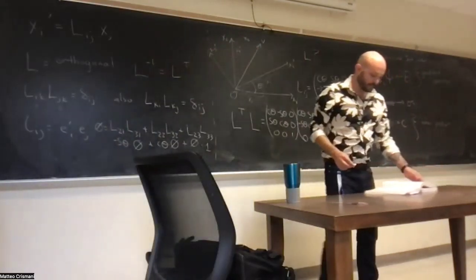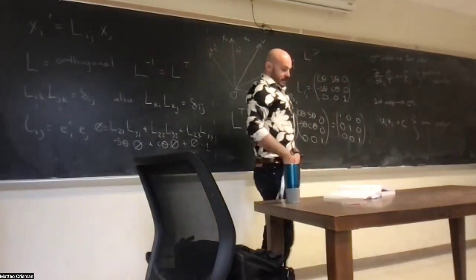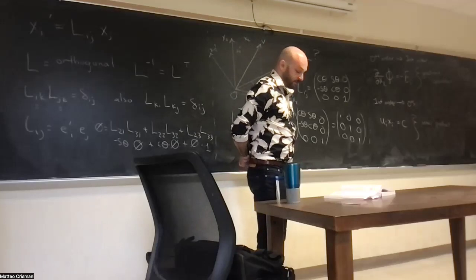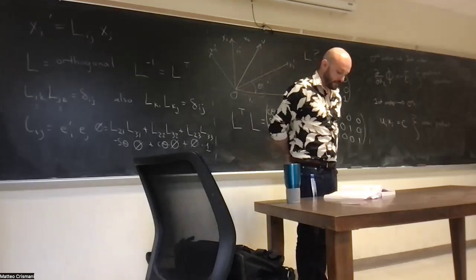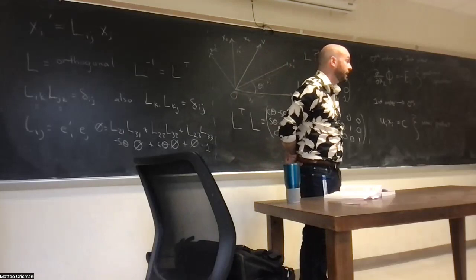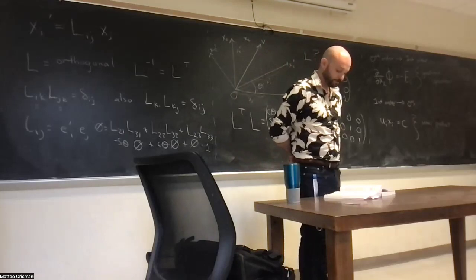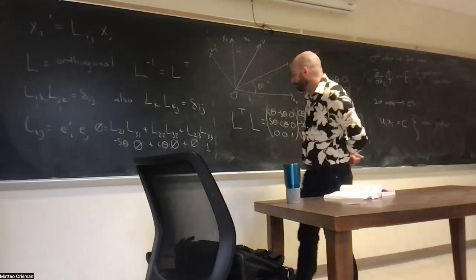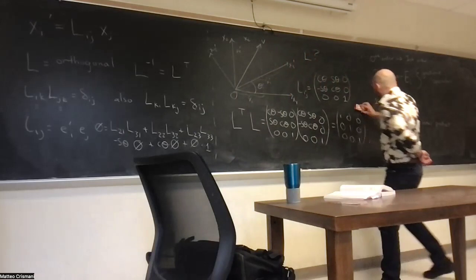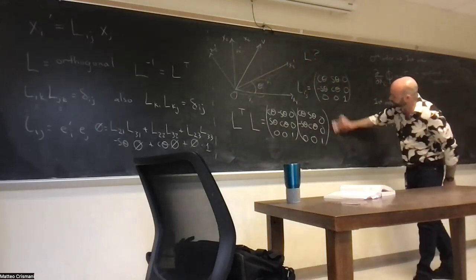Okay. So now we get to talk for the first time about second and higher order. We get to define second and higher order Cartesian tensors. We're going to have fun.